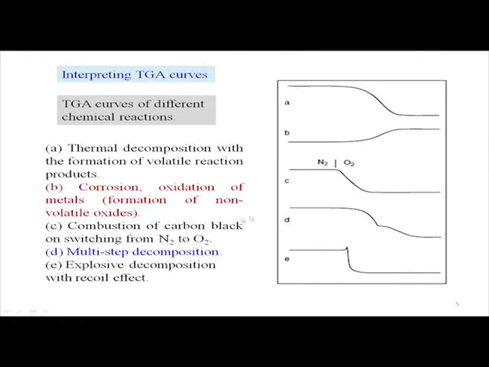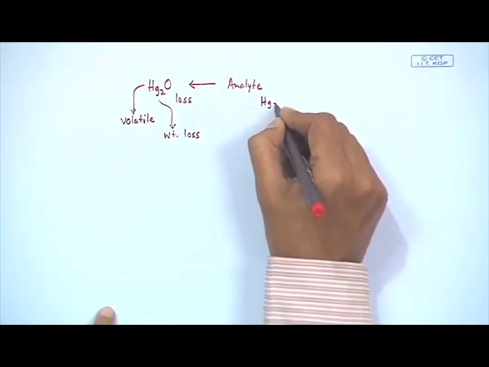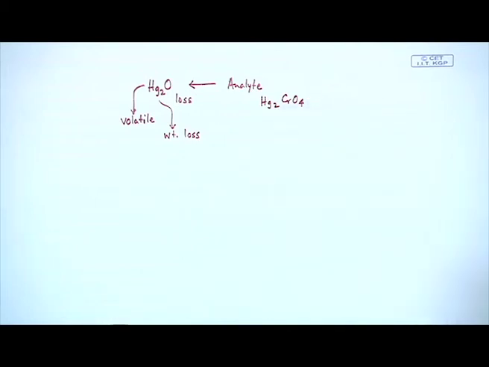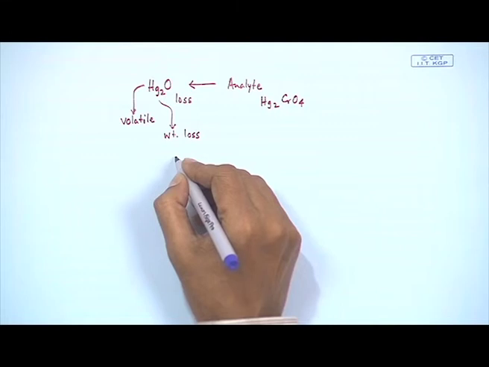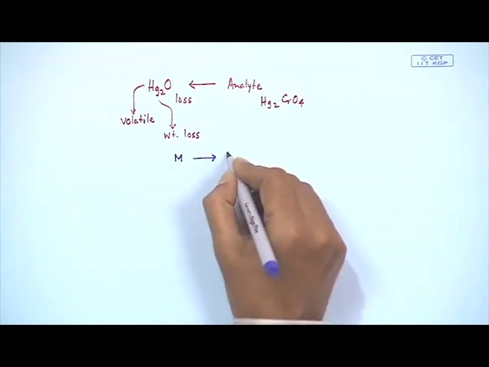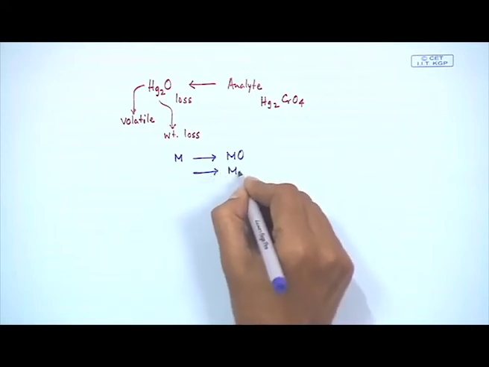If they are non-volatile in nature, there will be some weight gain because something is forming, that means oxidation. So, M will be converted to MO. So, this is forming from your Ag2CrO4.